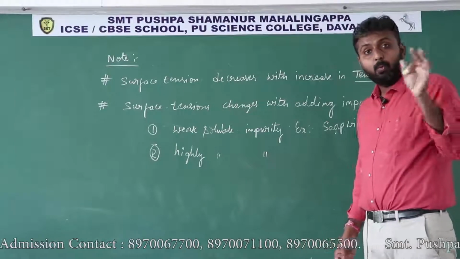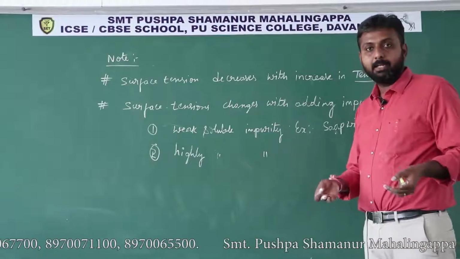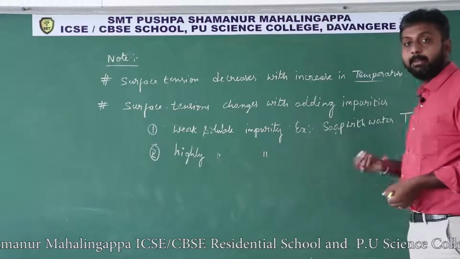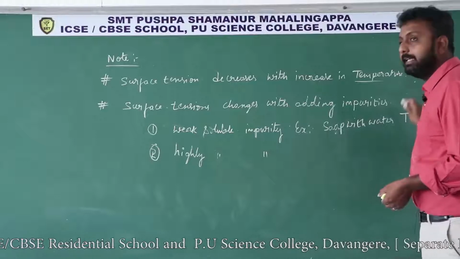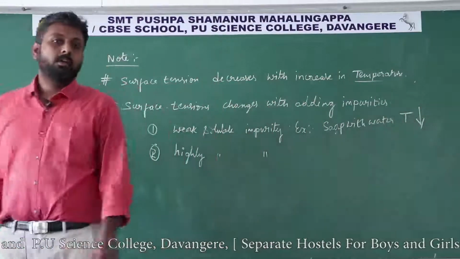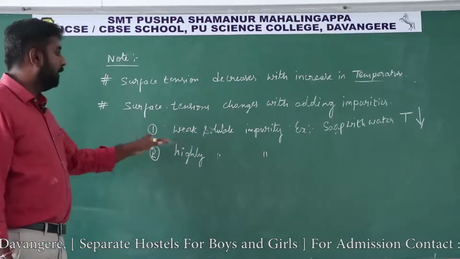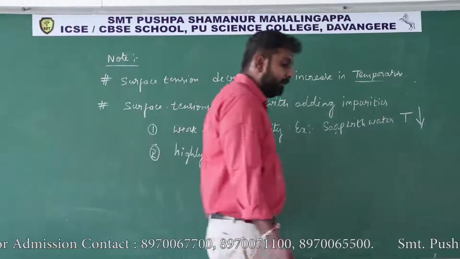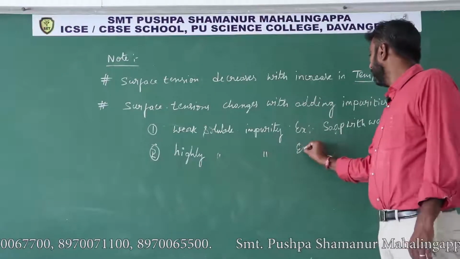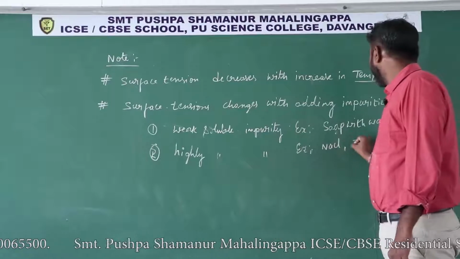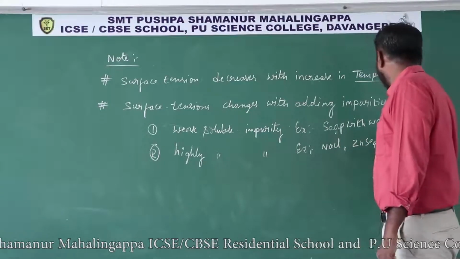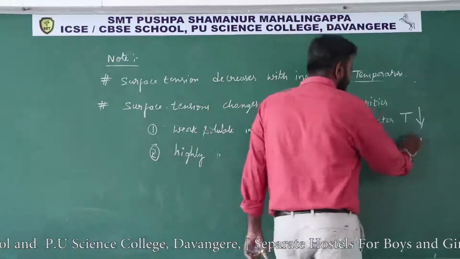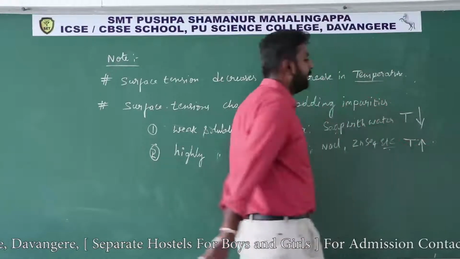By adding soap to water, we are considering soap as an impurity. Then the surface tension, denoted by capital T, will decrease. If you add a highly soluble impurity, for example NaCl or ZnSO4, the surface tension will increase.